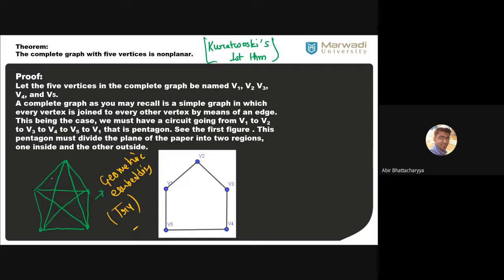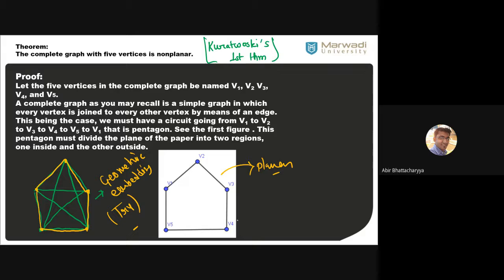I will start from the border line. So what is the border line of this graph? This is the border line or outer line. These are the border line of the graph. This is by default a simple graph without edge crossing. This is a planar graph. This graph is a straightforward planar graph. No problem.